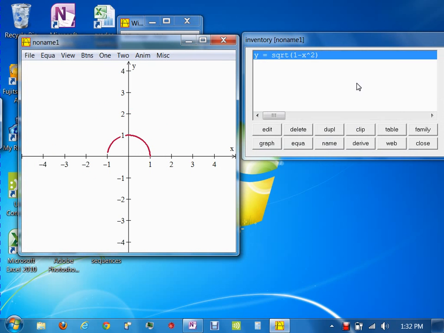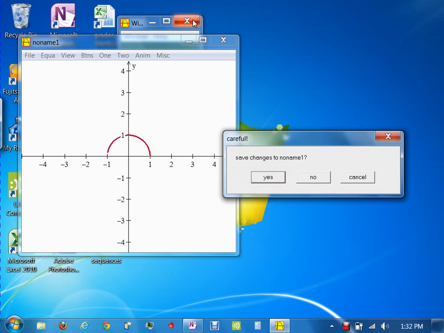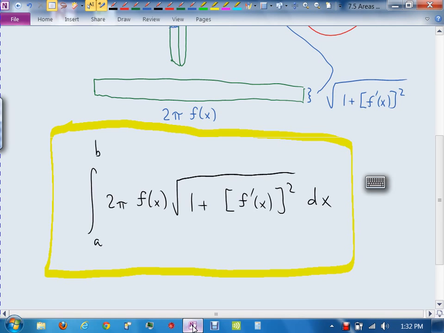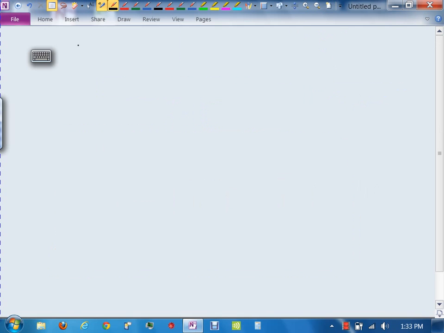Well, I'm going to give you a more general question. I'm not even going to give you a unit circle. I'm just going to give you a general circle. All right. Here we go. This will be a cool example.